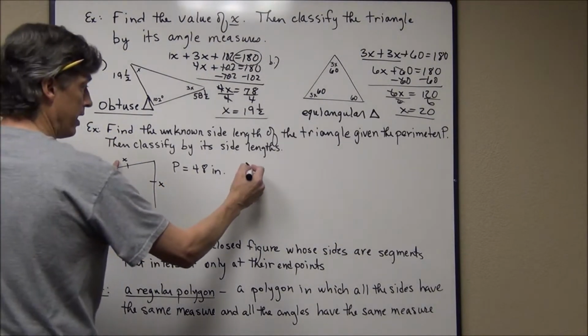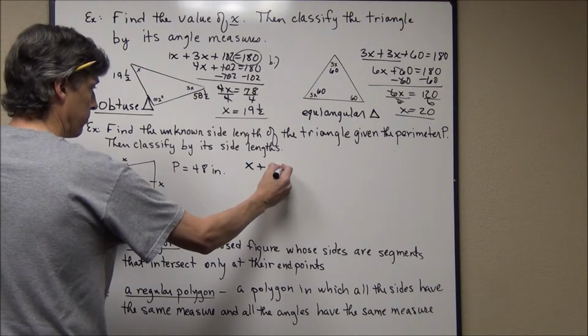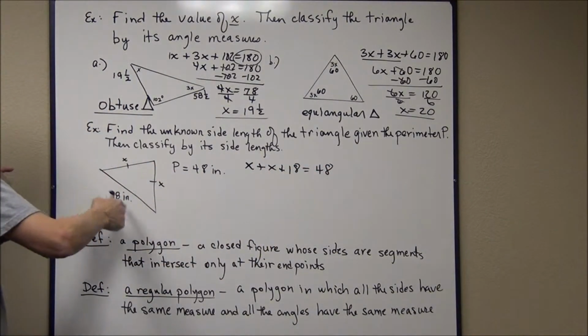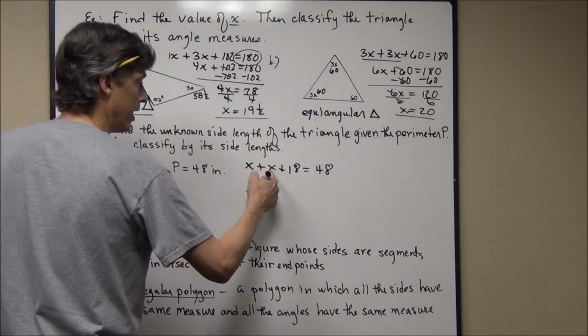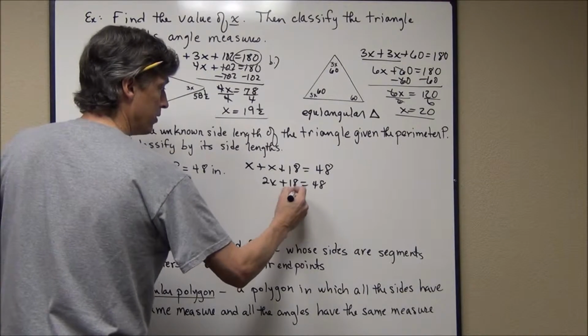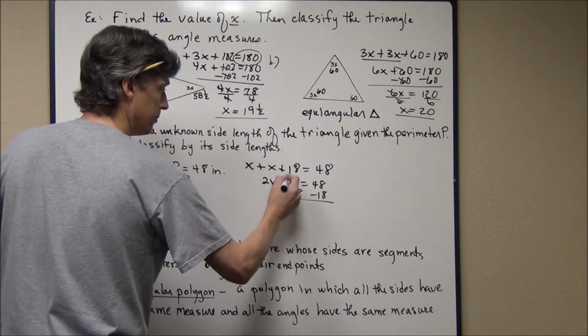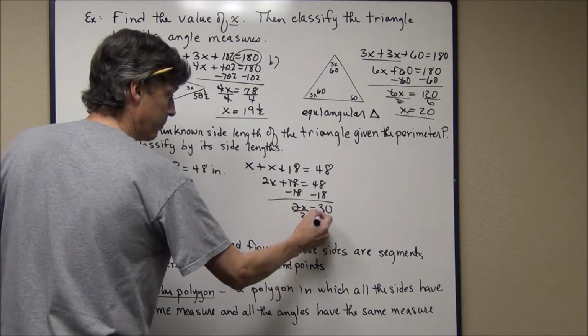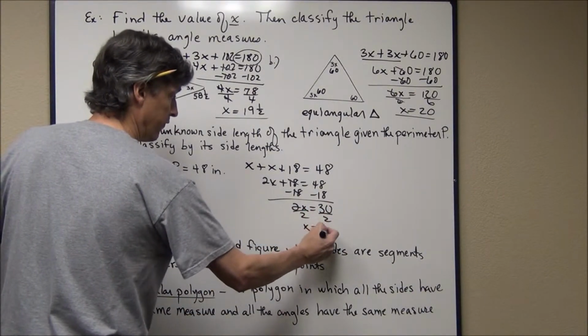I'm going to add this side x plus this side x plus this side 18, and I'm going to set it equal to the perimeter, because remember, you add up all the sides, you get the perimeter. 1x and 1x is 2x plus 18 is equal to 48. I'm going to subtract 18 from both sides. I get 2x equals 30. I divide by 2 and I get x is equal to 15.